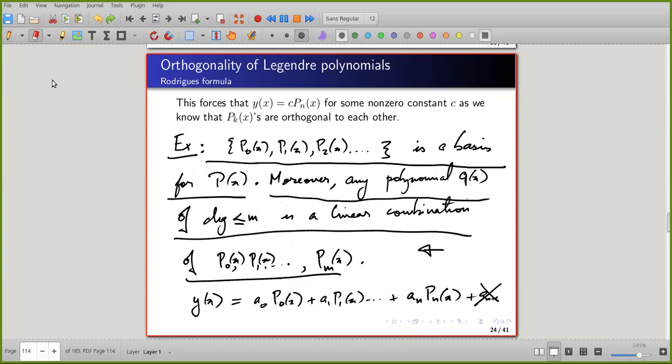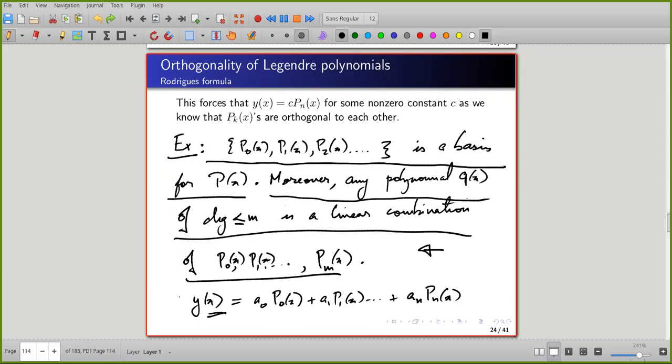We know that there is a unique expression because p0, p1 and so on form a basis. And if we take a polynomial of degree n, then its expression will be in terms of p0, p1 up to pn.